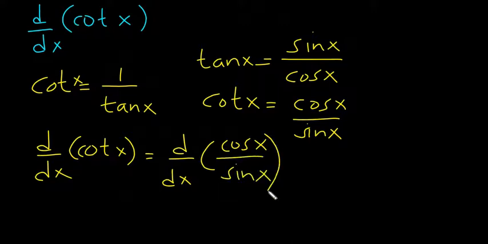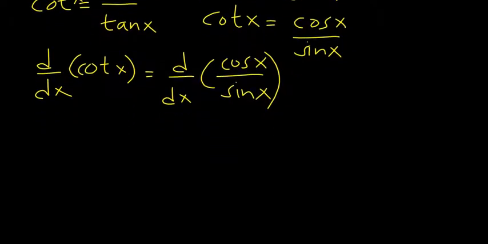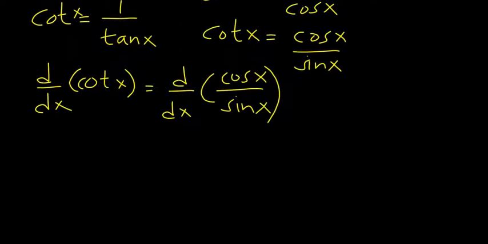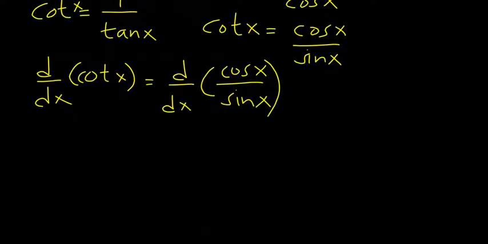Now we are going to work this out using the quotient rule. We have done the quotient rule in the past, and if you have never checked out that video, you can follow the link in the description box.